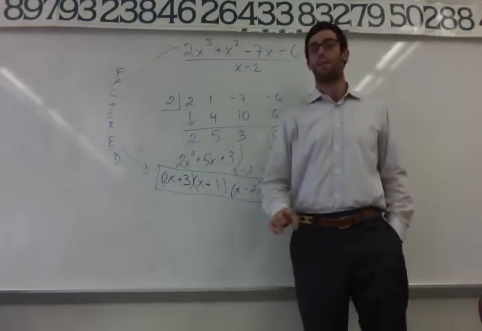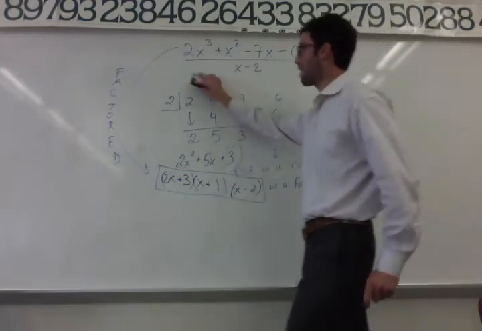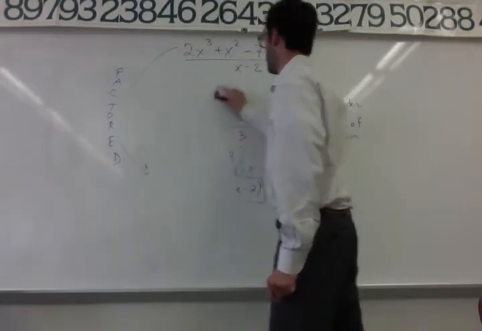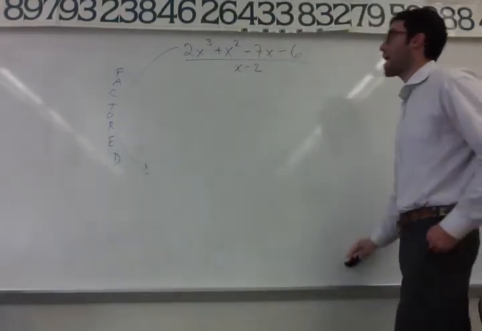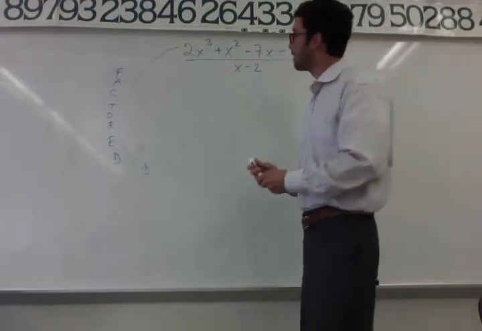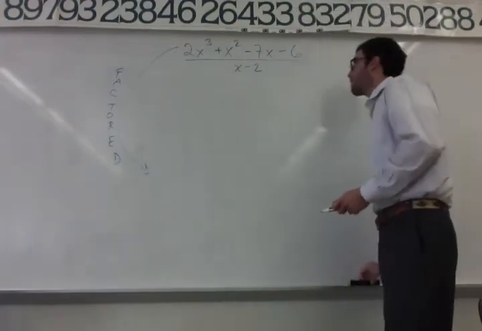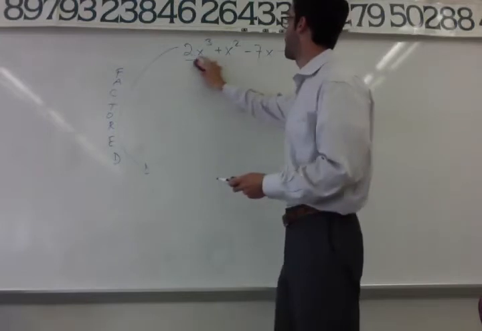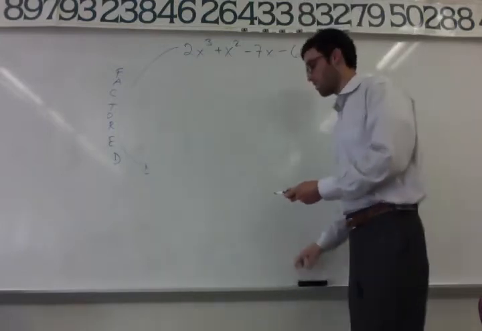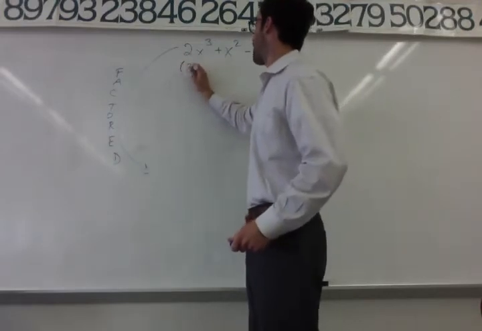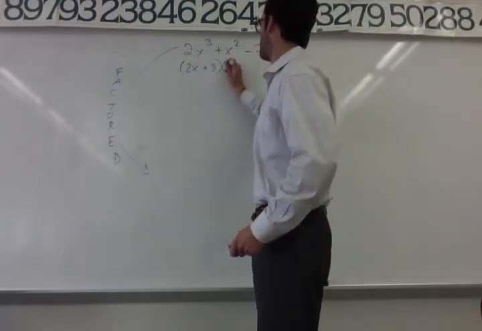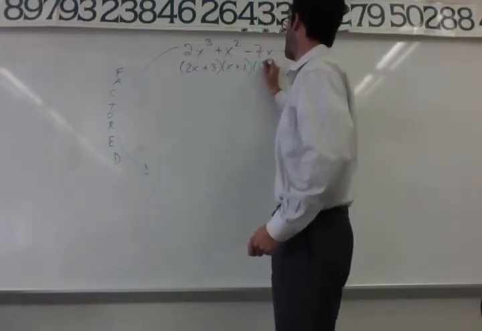Okay? Now, I'm going to erase this and explain to you the only possible rational roots. Once again, we figured out that the factors of this guy were 2x plus 3, x plus 1, and x minus 2.